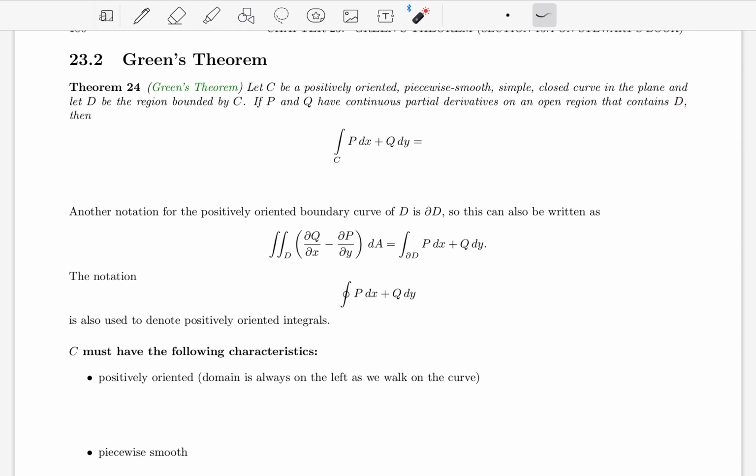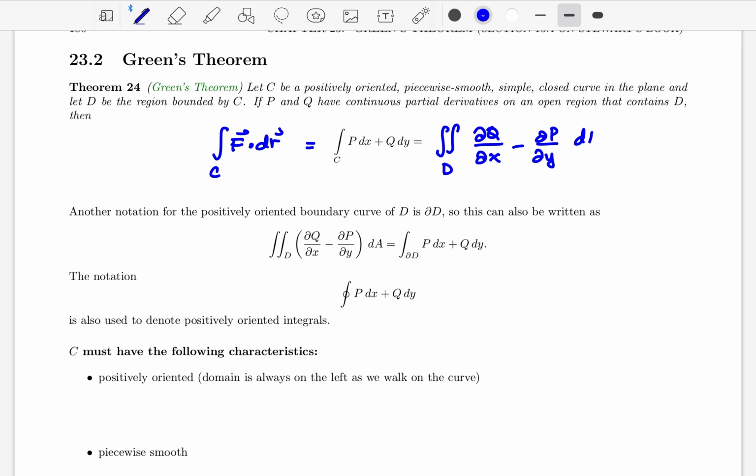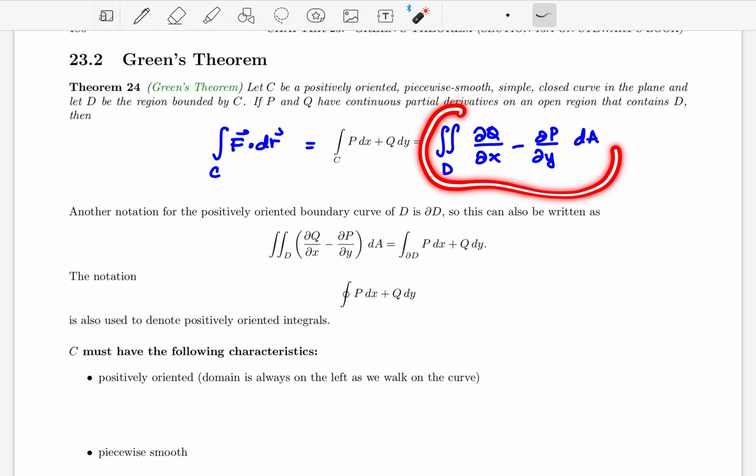But long story short, under all of these circumstances, the line integral, which is the integral over C of F dot dr, is also equal to the double integral over D of the circulation, dQ/dx minus dP/dy, dA. So we're taking this from a line integral to an area integral, okay?